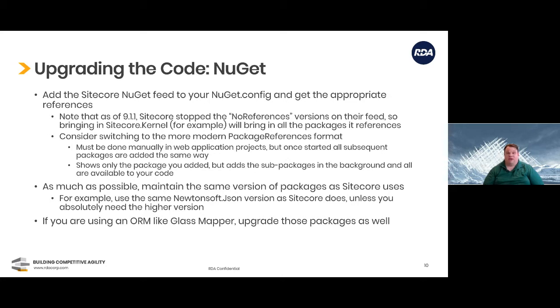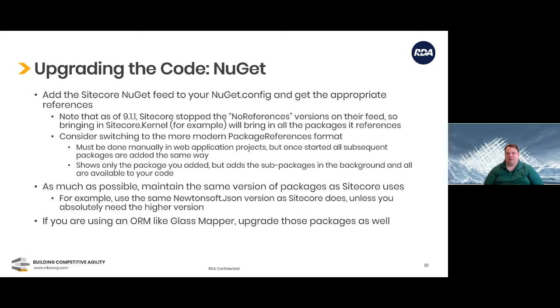So one thing to consider, and you'll see this a lot with Helix solutions such as Habitat or the Helix-based GitHub solution, is people are switching to the package references format. Now you have to do it manually. Web application projects won't do it out of the box.